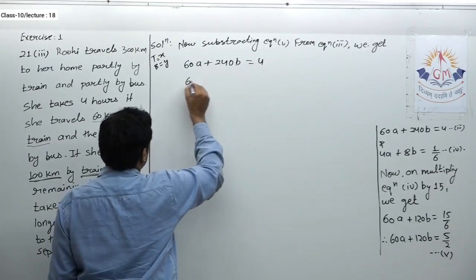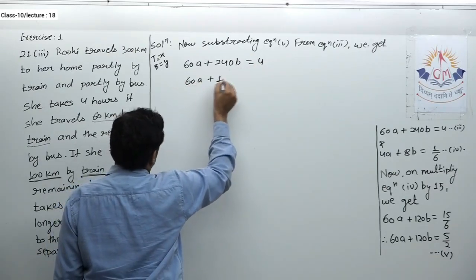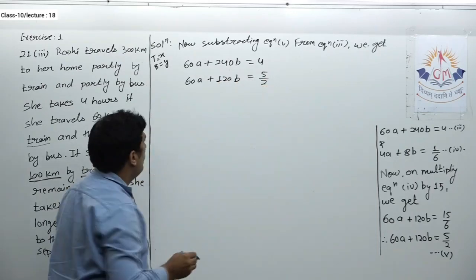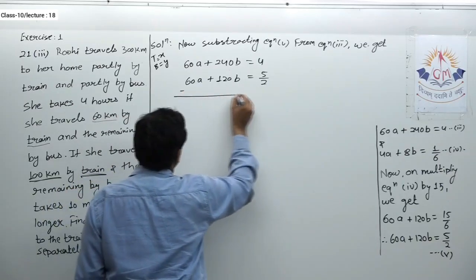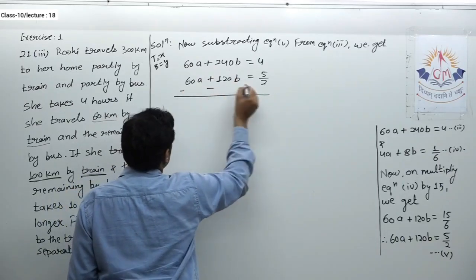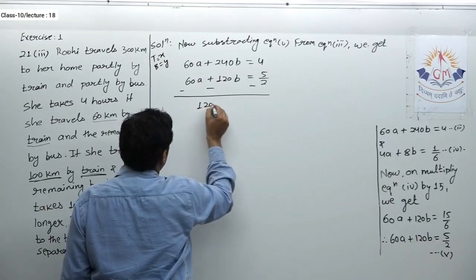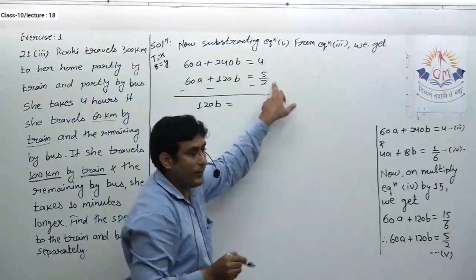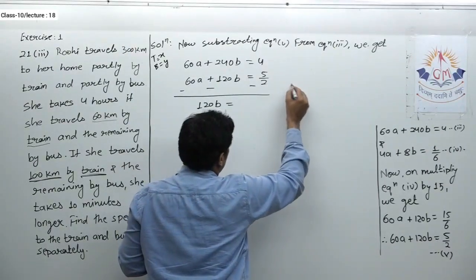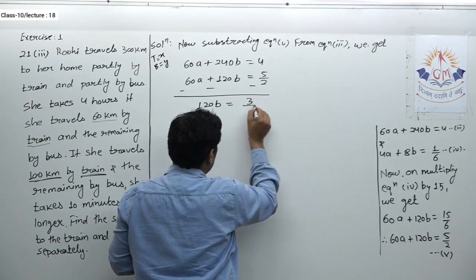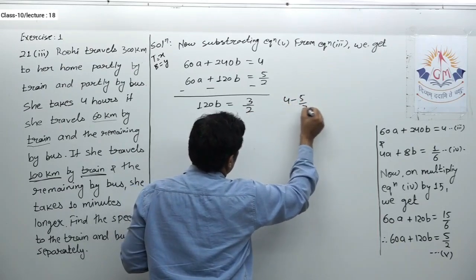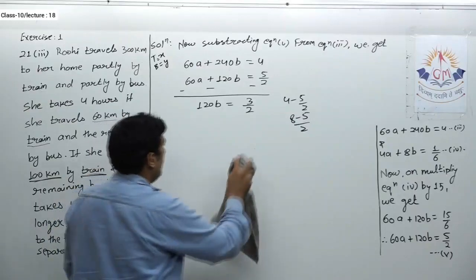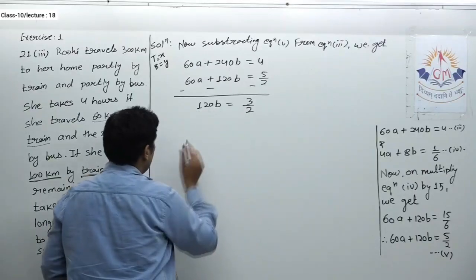Over here 60A plus 120B is equal to 5 by 2. So when I subtract, let us see what we will get here. This will cancel out. Here I will get 120B, and 4 minus 5 by 2, that means 4 minus 2.5, that means 3 by 2. Or you can check in this way, 8 minus 5 by 2, that is 3 by 2. So this gives me the value of B.